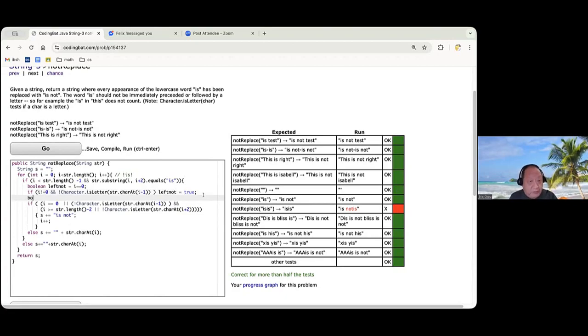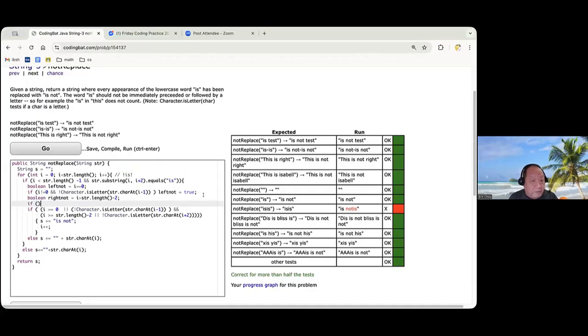Then you also need to have the Boolean rightNot, right side not a letter, equals I greater than str.length minus 2. Okay, I'm sorry.